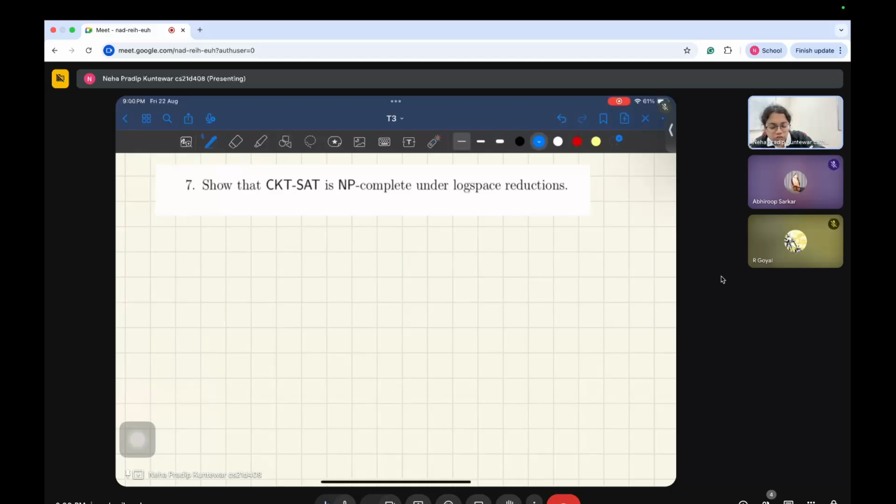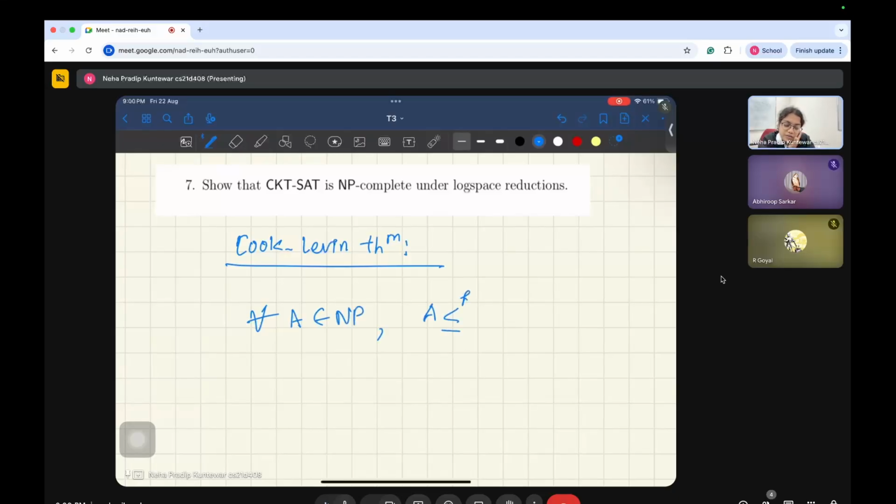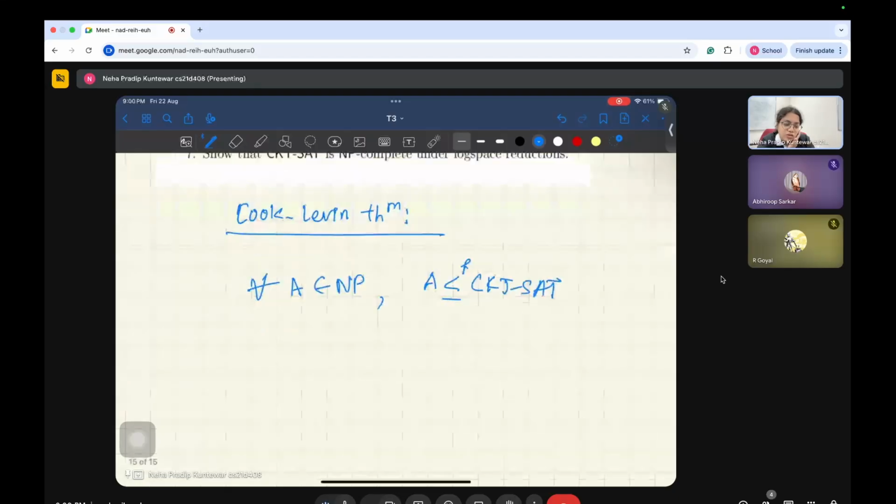Just to recall, we saw the Cook-Levin theorem, which says that for all problems A in NP, A reduces in polynomial time to circuit SAT. And we saw how to come up with this circuit.